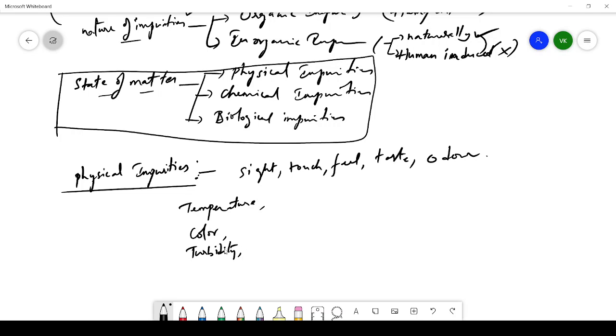Turbidity can also be identified by sight. Taste, odor, like that. These are the physical impurities that could be present in the water. Odor means smell. Odor can also be called smell.